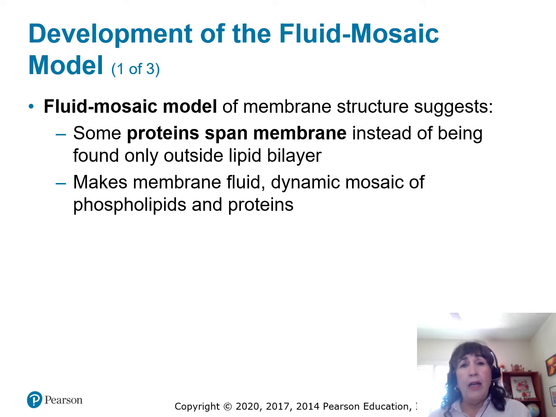And adding to that complexity are proteins. So the mosaic is that it's not just one type of molecule, but different types. And one important part are these proteins. The fluid part is that lateral movement that we talked about, this side-to-side movement of molecules moving all the time in the membrane.